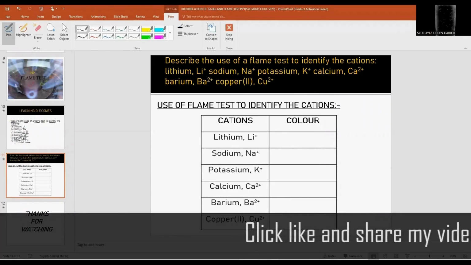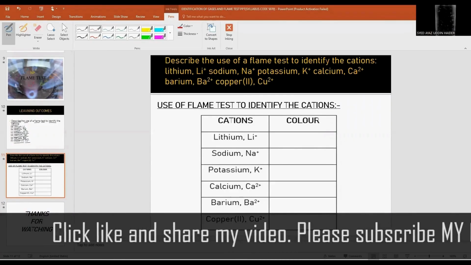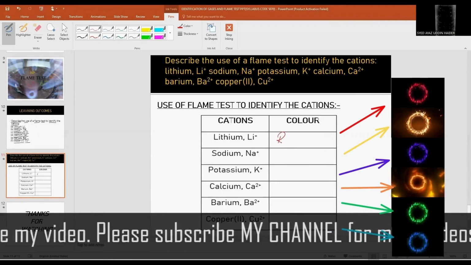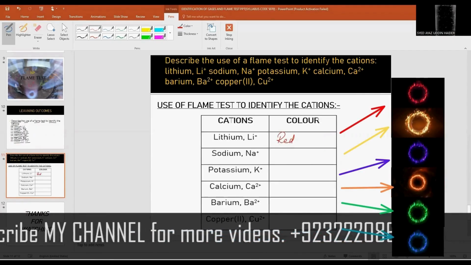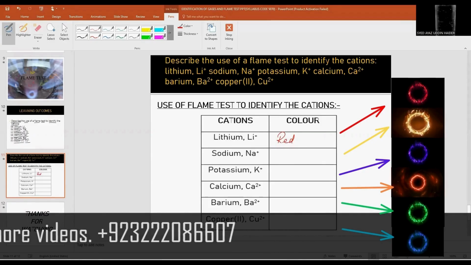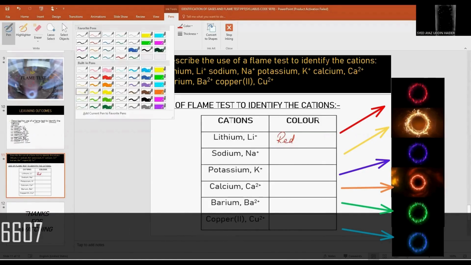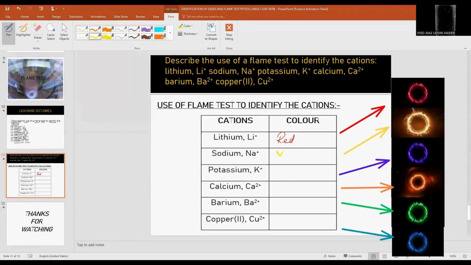So lithium gives a red color in flame. So you write red. Sodium, Na positive ion, gives yellow color in the flame. So you write yellow here. Potassium gives lilac color. Lilac color is purplish. Calcium, Ca2 positive, gives orange-red color.